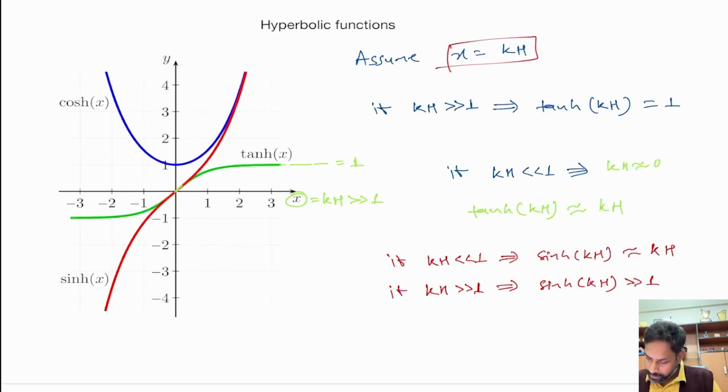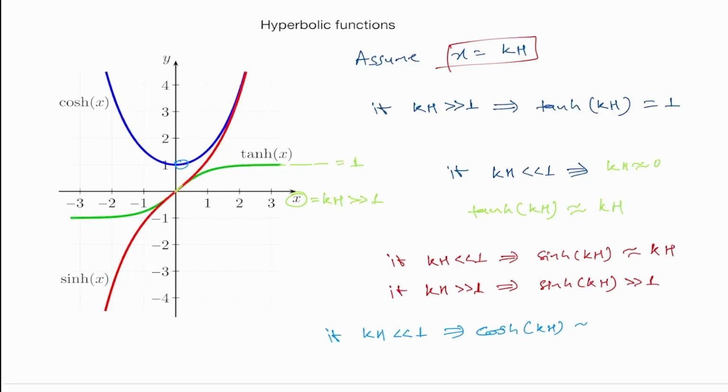Whereas in case of cosh, if kh is much smaller than 1, that is somewhere here, right? This tells us that cosh of kh is almost equal to 1, right? When kh is almost equal to 0, your cosh is equal to 1, okay, or hyperbolic cos, sorry.